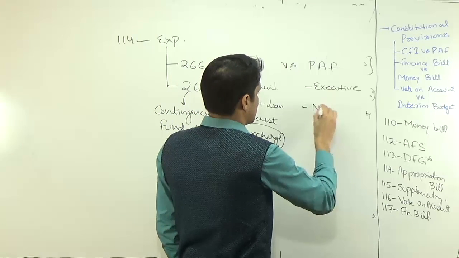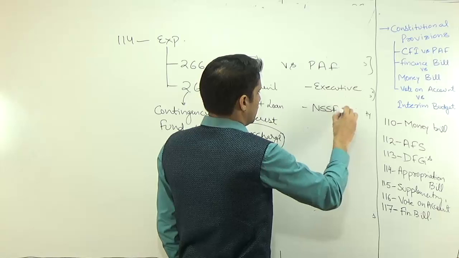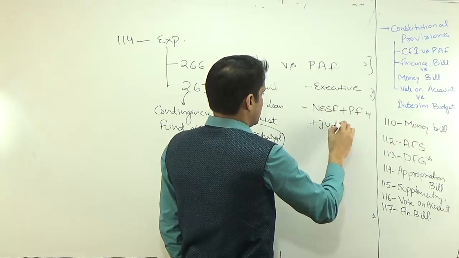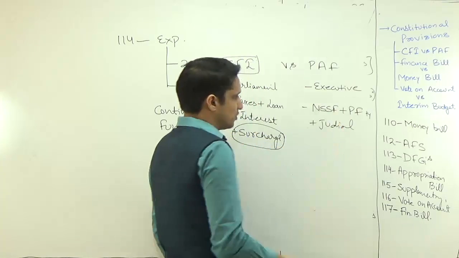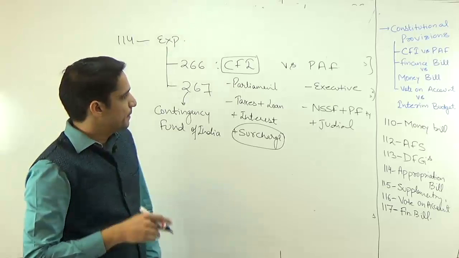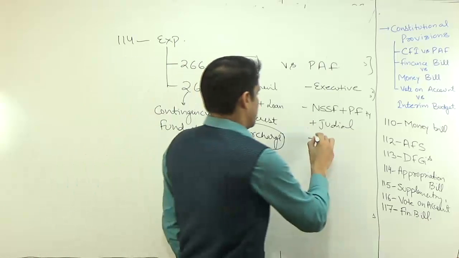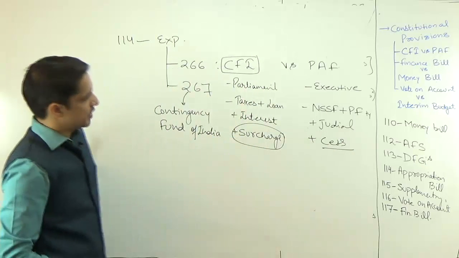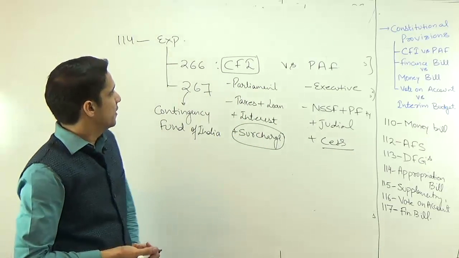It comes under National Small Saving Fund. Then you have PF, plus maybe the judiciary has said that this much amount of money you have to keep. All those things come under the Public Account Fund of India, plus we have cess. We'll discuss the difference between surcharge and cess in 2-3 minutes.